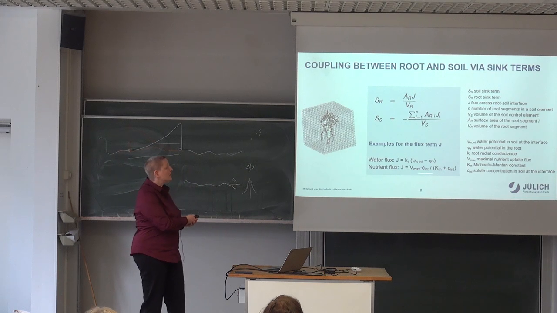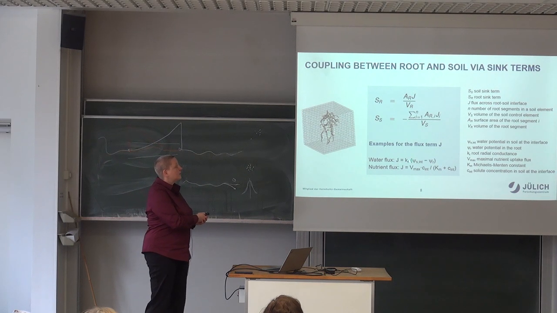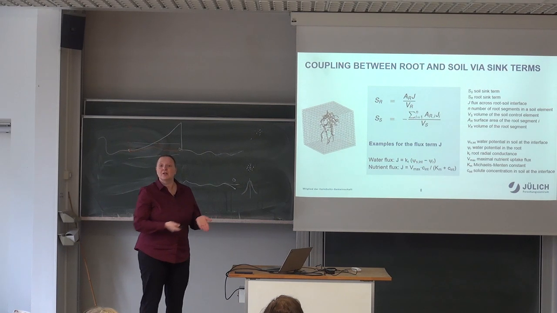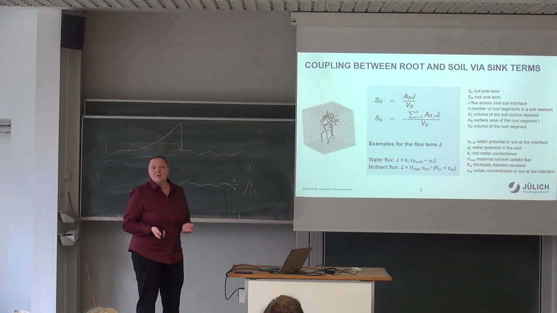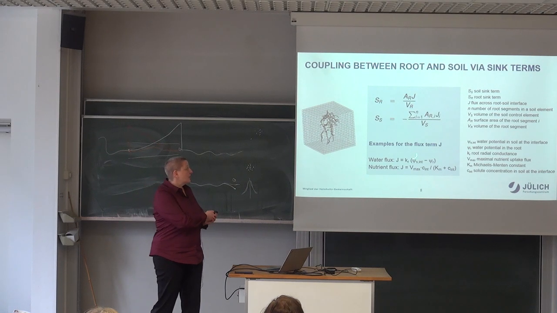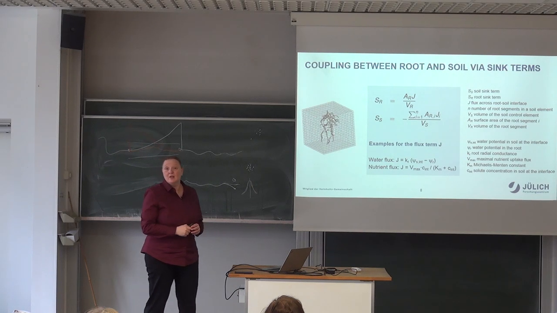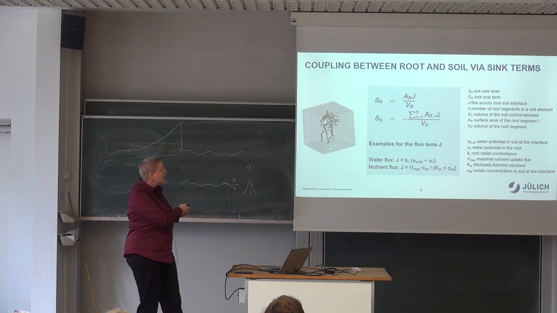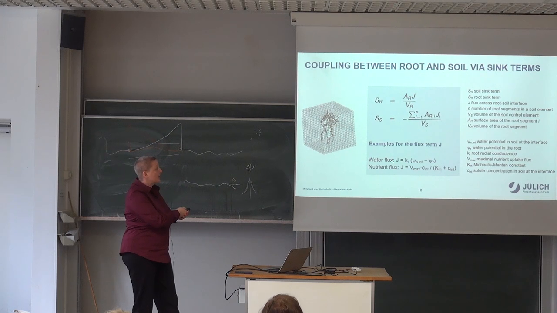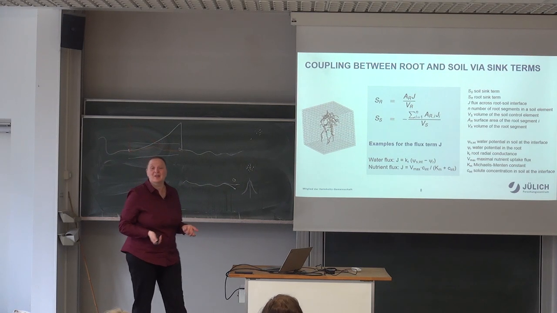This is the root radial conductance, and it will tell us, depending on the pressure gradient, how easily the water can flow into the root. And this could be dependent on the root segment age, or on the root radius, or on other properties. So for each little root segment in the simulation, this J would be different depending on its attributes.